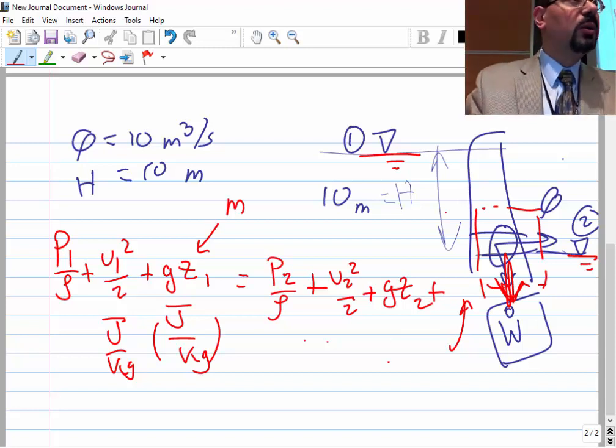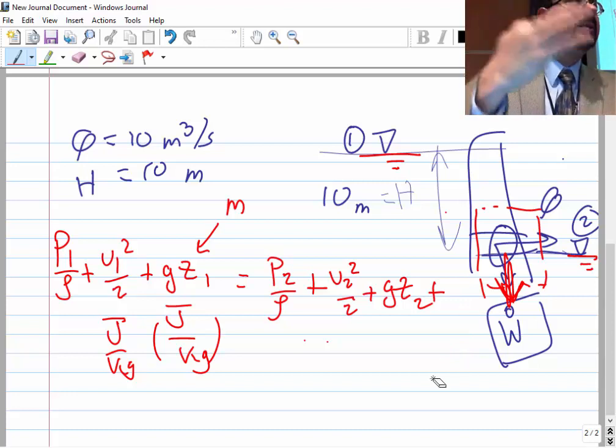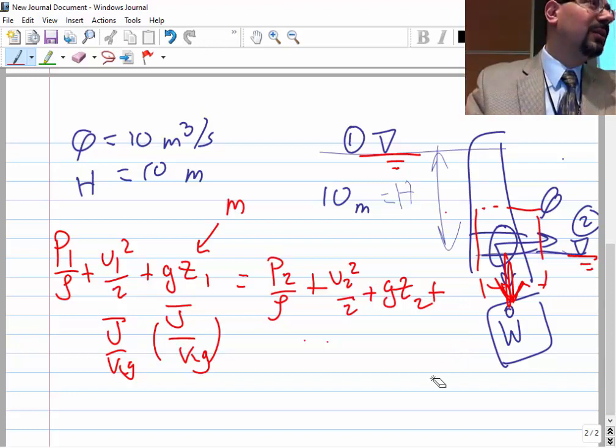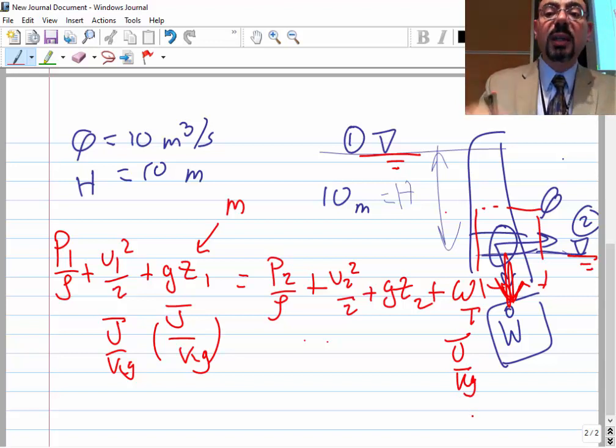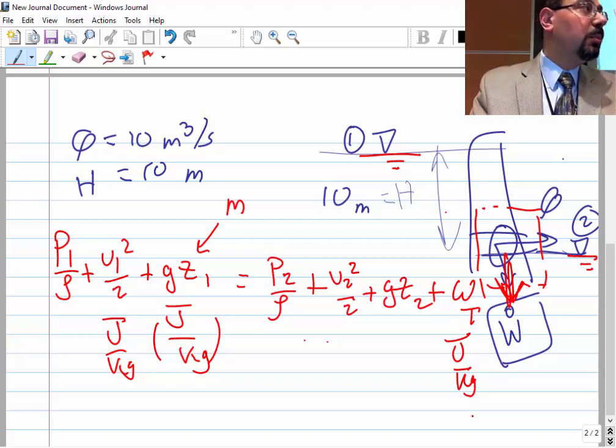That's the specific work, small w, work of the turbine, in joule per kilogram. But sometimes they write the power that the turbine extracts in units of head.